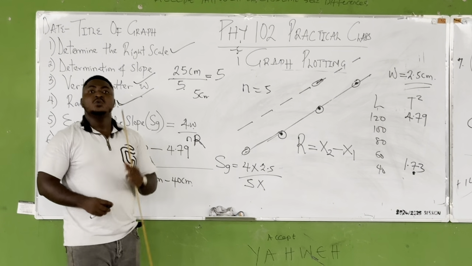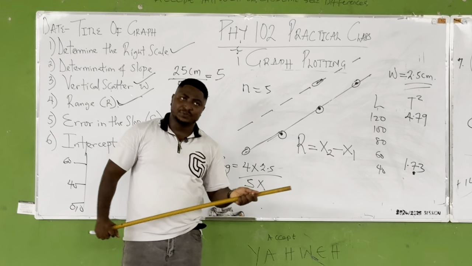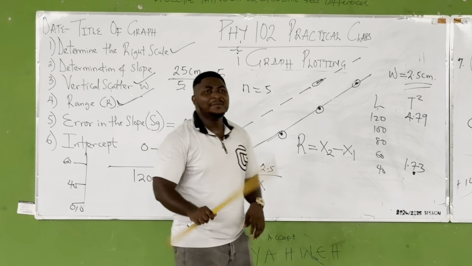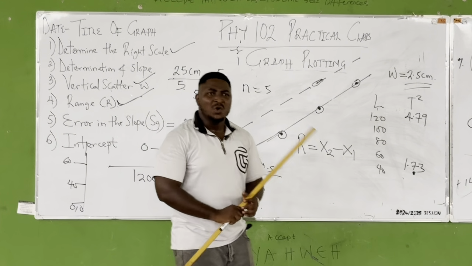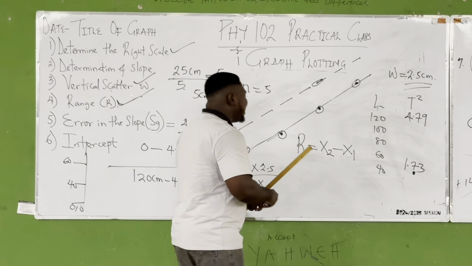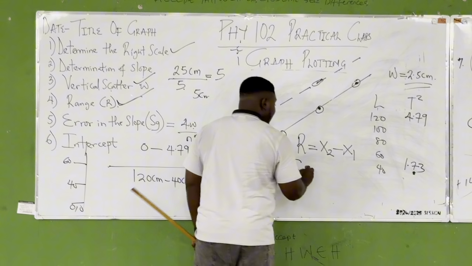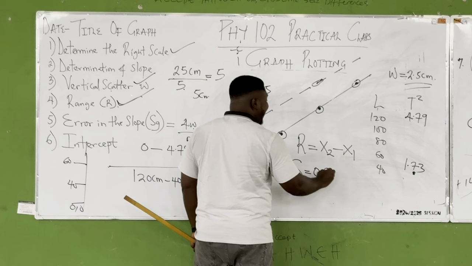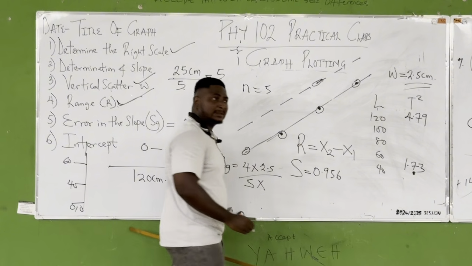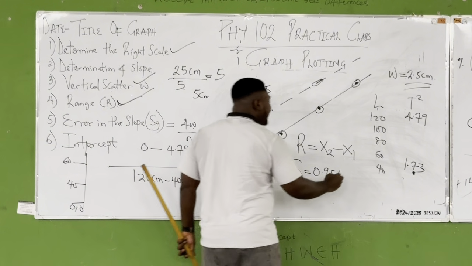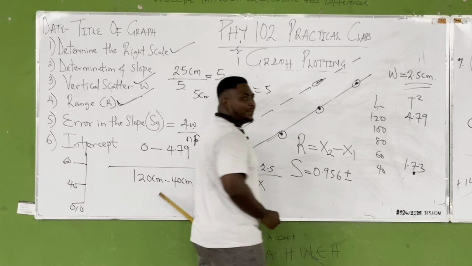Class, what is the importance of the error in the slope? When you are doing your calculation, if you have been asked to calculate the error in the slope, when reporting in your manual, let us say the slope of your graph is 0.956. Class, it is wrong to just report your slope like this. You are going to say plus or minus the error in the slope.